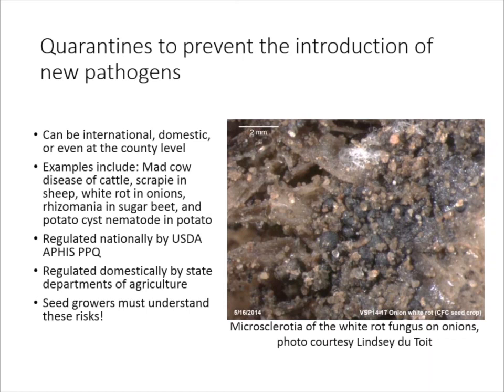Famous examples of quarantine you've all probably heard about, and these are at different levels of regions: mad cow, scrapie in sheep, white rot in onions, rhizomania in sugar beets, and potato cyst nematodes. They're regulated nationally by USDA APHIS, and they're regulated domestically by state departments of agriculture.